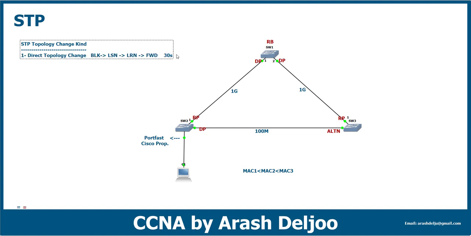But we also have another type of topology change in STP. We call it indirect topology change. An indirect topology change may need more time to change from the block state to the forwarding state. When we experience an indirect topology change, first we should wait about 20 seconds, and this is the max age timer.